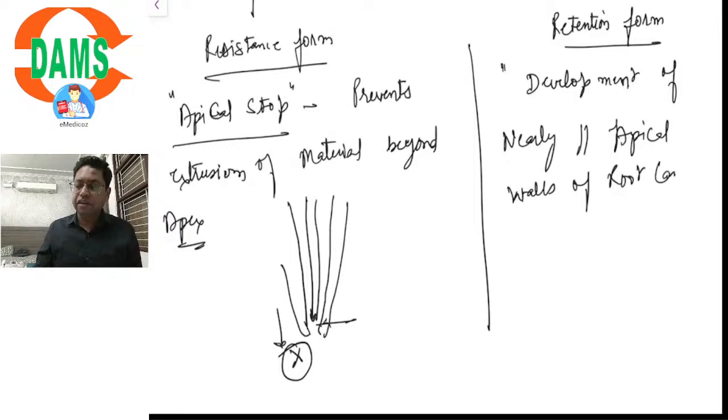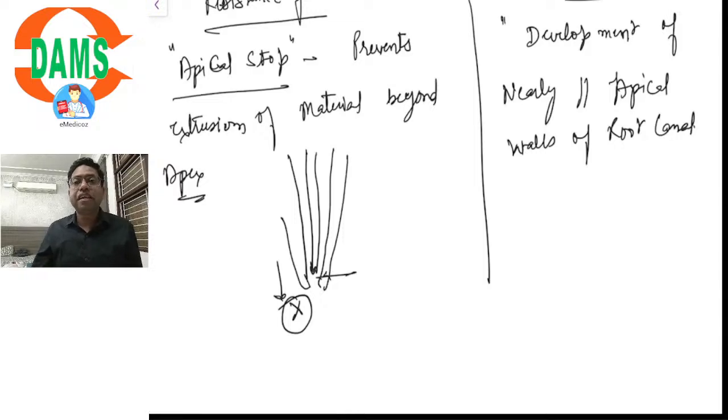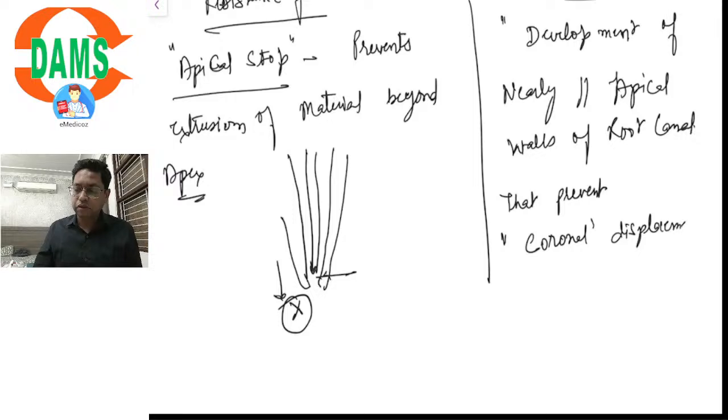We are talking about cleaning and shaping of the root canals, isn't it? So development of nearly parallel apical walls of the root canal that prevent coronal displacement of filling materials.